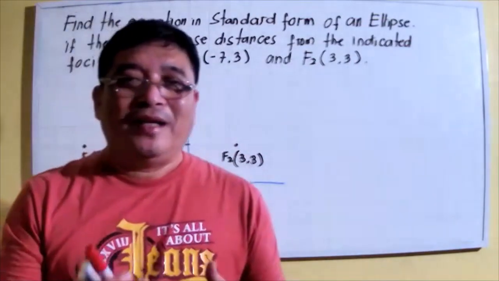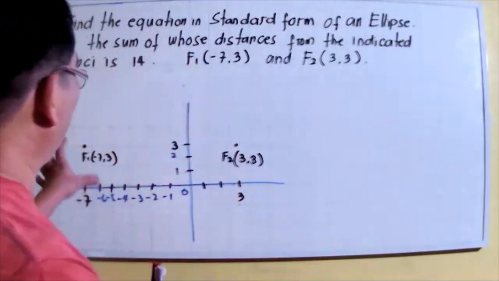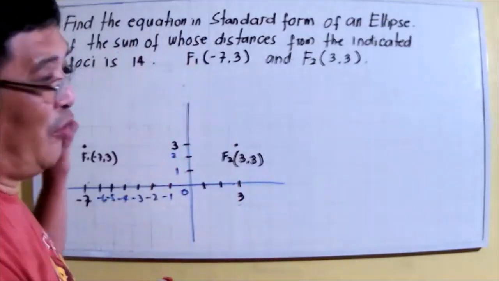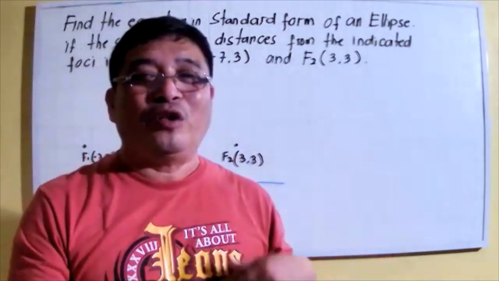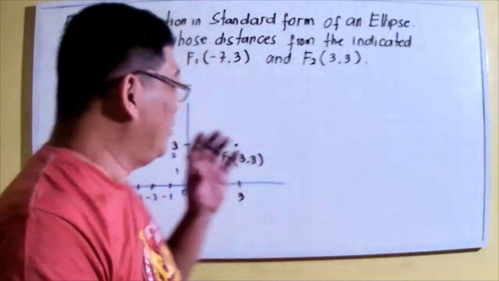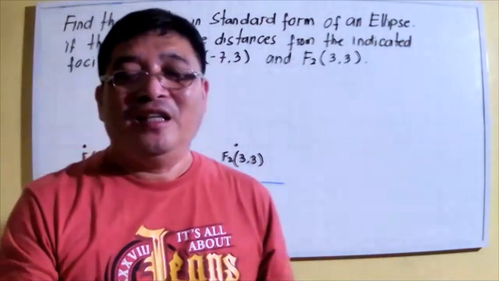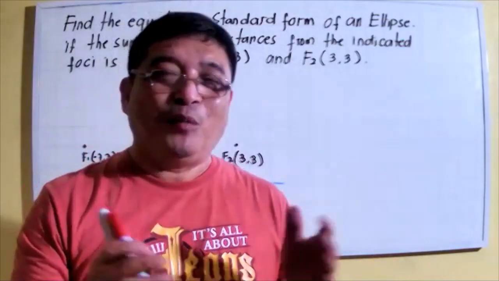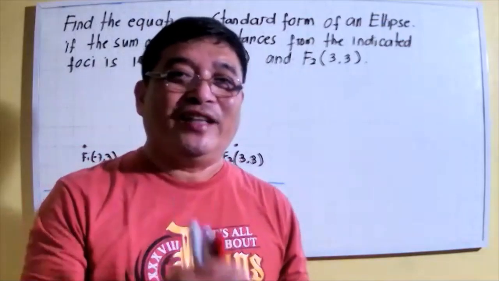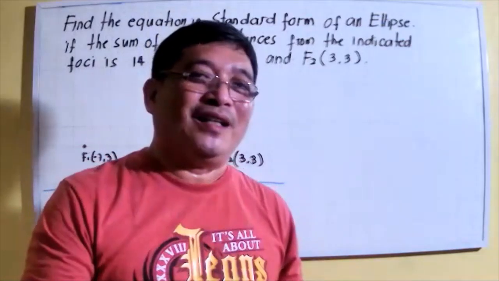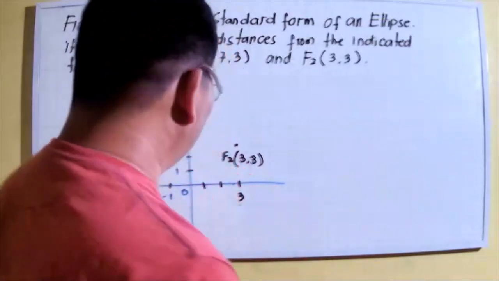Now, we know that we have two focus. And when we have two focus, we're going to connect them, the foci lie at the major axis. And between foci is the center. So we will count to find the middle of the foci.